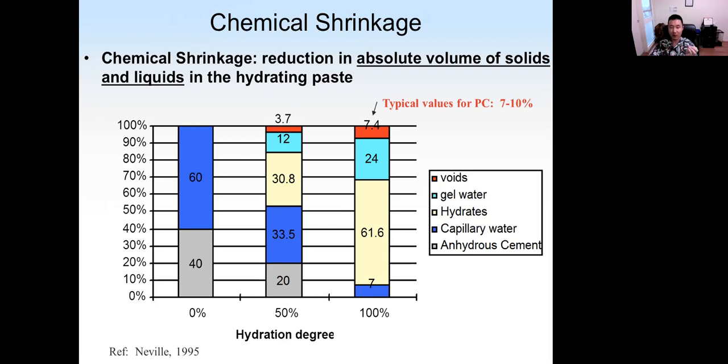So that means we have tiny pores generated in cement paste. Okay, so actually chemical shrinkage is the reason we have small capillary pores in concrete. So this is due to the 7% reduction in the volume.